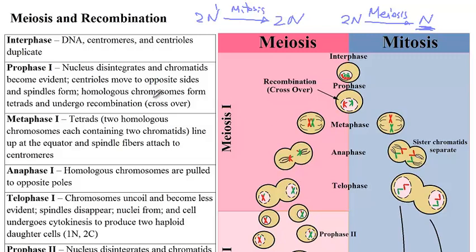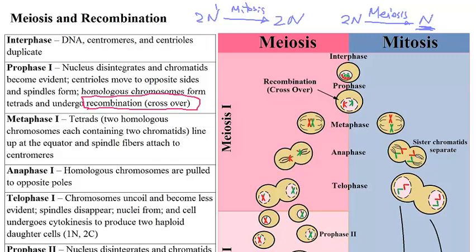At this time, homologous chromosomes form a tetrad and undergo recombination, the other name for which is crossover. So inside prophase 1, cells will form a tetrad and undergo recombination.